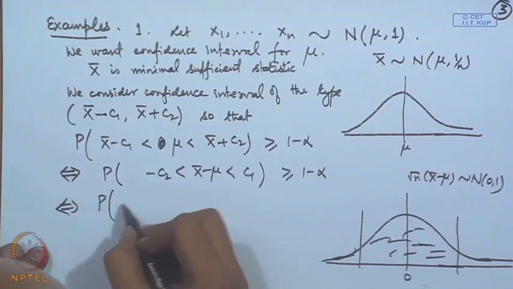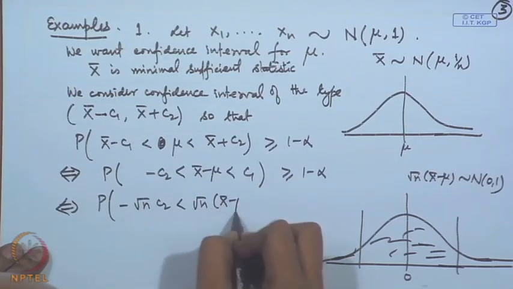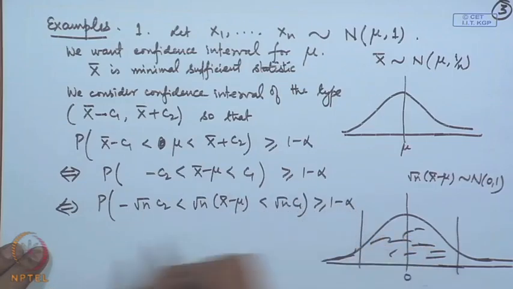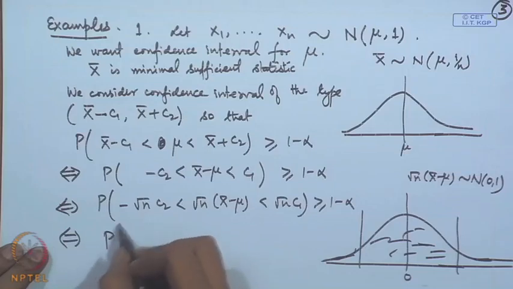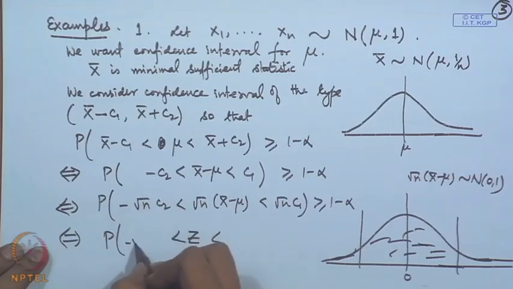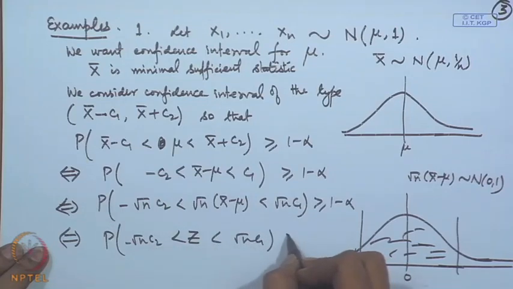So, we can write it as probability of minus root n C 2 less than root n (x bar minus mu) less than root n C 1 greater than or equal to 1 minus alpha. So, probability of z lying between these two values, minus root n C 2 to root n C 1.